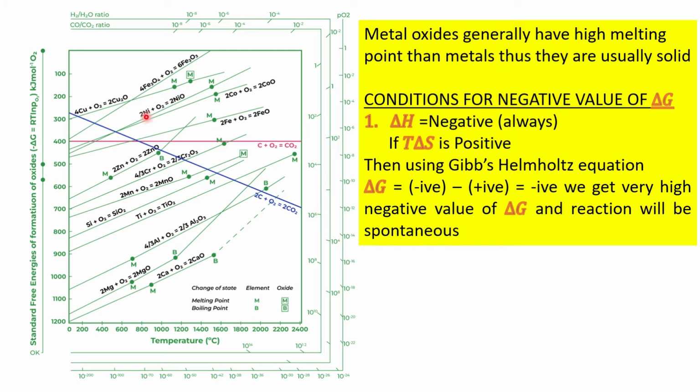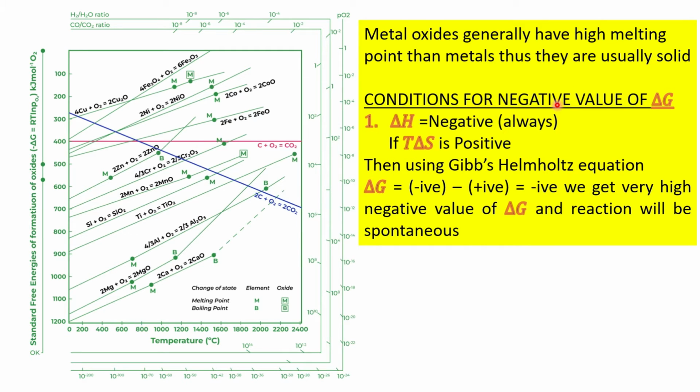Similarly, you can see here, this is your nickel. You are oxidizing this nickel into nickel oxide, then nickel oxide is also solid in nature. So for any metal, whether it is zinc, manganese, titanium, aluminium, magnesium, calcium, whatever, your metal oxides are always solid, right?